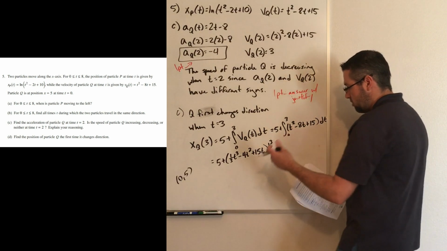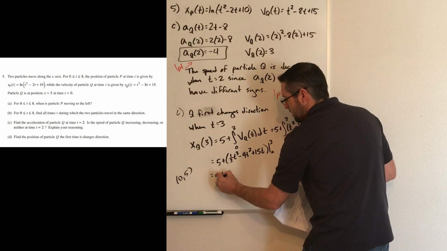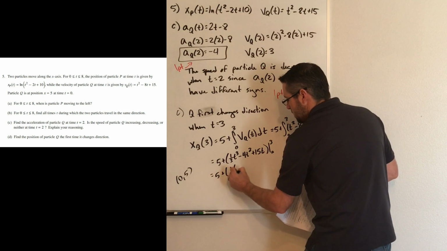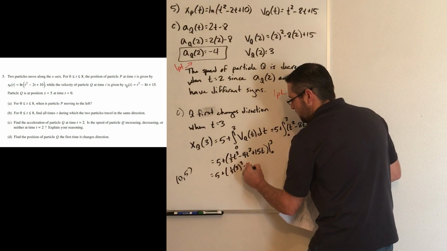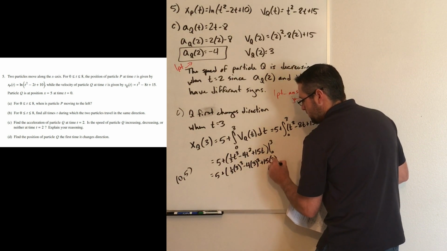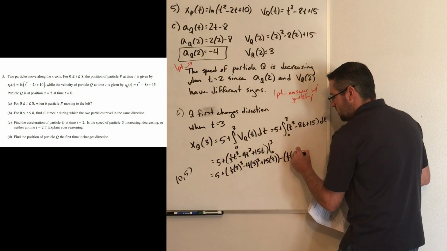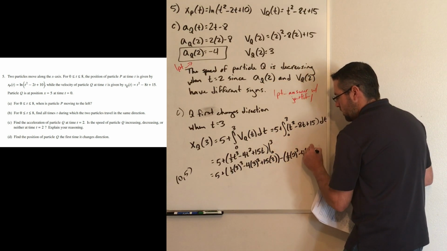Then we plug in the upper bound and the lower bound, and subtract. So that's 1/3 times 3 cubed minus 4 times 3 squared plus 15 times 3, all minus 1/3 times 0 cubed minus 4 times 0 squared plus 15 times 0.